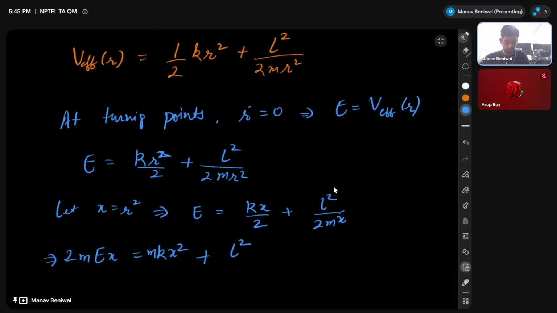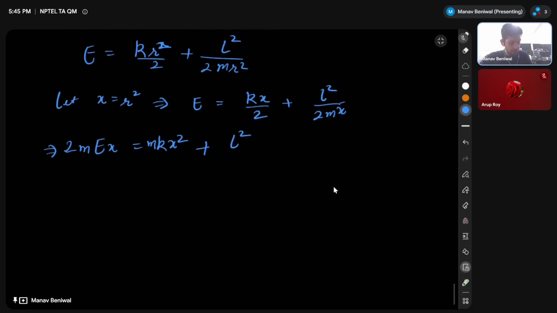If I now rearrange this equation, I can write mkx squared minus 2mEx plus L squared equals 0.